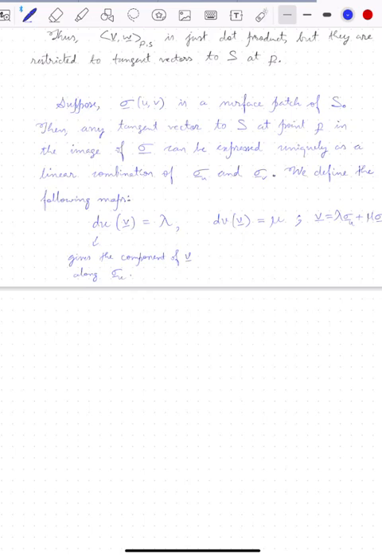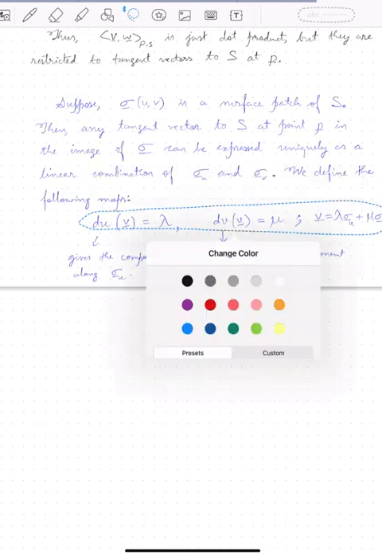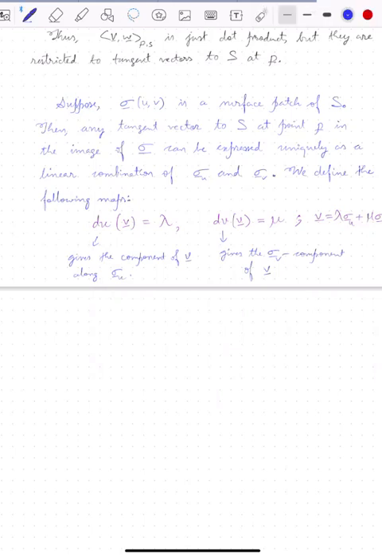So this is how we define the vector v in terms of the basis vectors sigma u and sigma v. And similar to what the map du does to a vector v, dv also works in a similar way. It's just that it gives the sigma v component of v vector. So these are very essential maps, and we'll also deal with them when we discuss the second fundamental form, right?